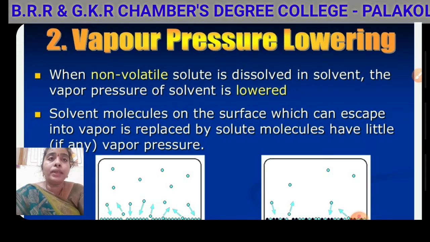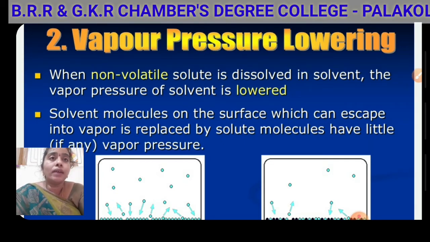Now what happens when you add a solute to this solvent, to this liquid? When you add a solute to the liquid, the molecules of the solute start occupying some surface area of the pure solvent, and that is the solution.